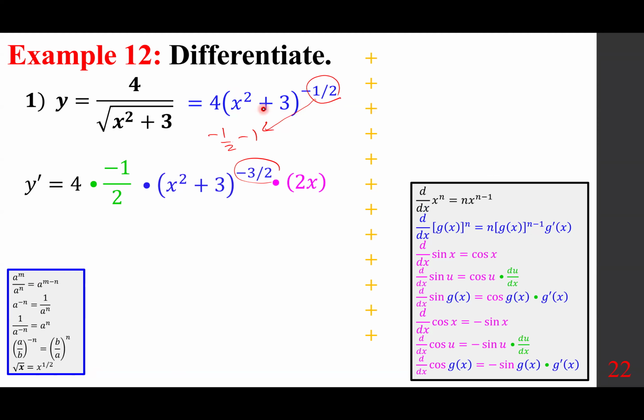Now, let me put an asterisk next to it to emphasize the importance of calculus, which is only one step. Everything else is algebra. This was algebra, and we're going to finish it with algebra. So first and foremost, 4 times -1/2, -2 times 2 is -4x. And you repeat this.